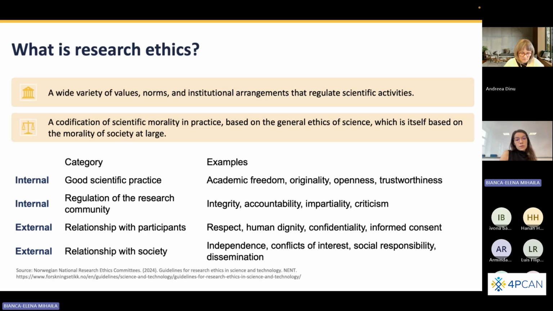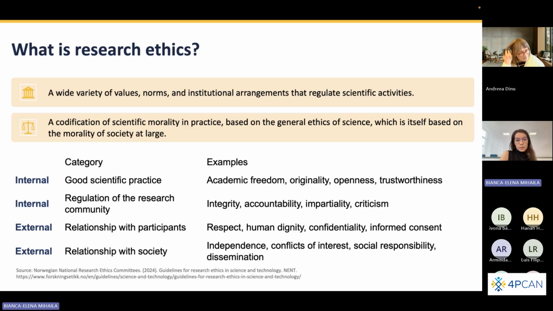The internal ones refer to good scientific practice in terms of academic freedom, originality, openness, trustworthiness, and of course regulations that apply to the research community at large. Thinking about integrity, impartiality, criticism, and somehow our objective way of analyzing, for example, the results of an analysis that we are undertaking.